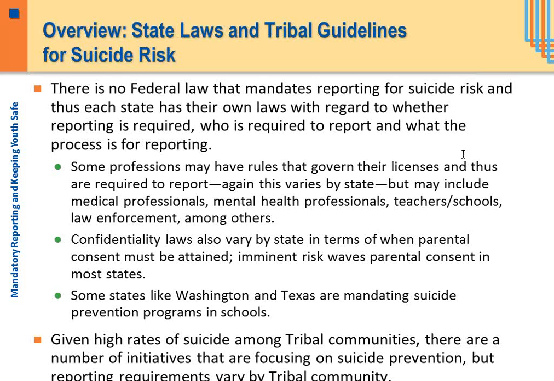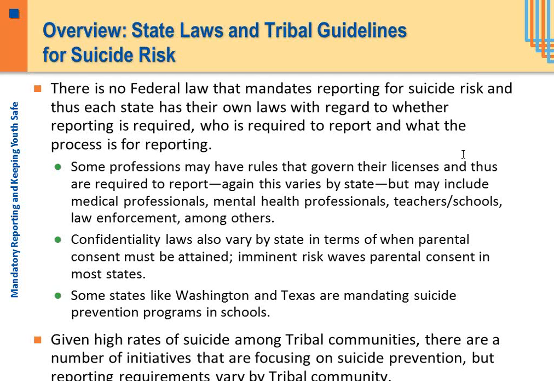Some states, like Washington and Texas, and there are many others, including a number of tribes, are now mandating suicide prevention programs in schools and some community after-school programs, in which there are then a whole set of reporting rules and laws that go with that.